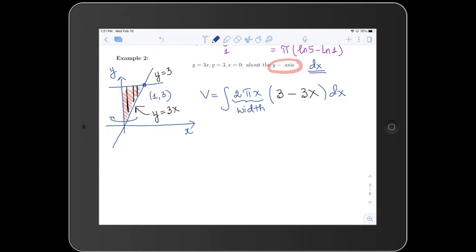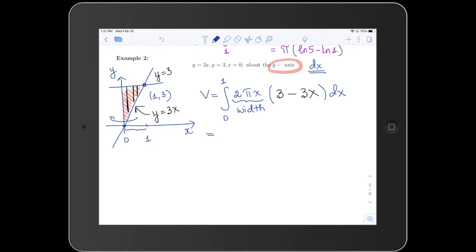What are the limits? Remember, this is in terms of x, so I'm looking at the range for x. We go from 0 to 1. These are my limits of integration. This is the hardest part, just setting things up correctly. Once you set it up, typically you see that the function is not difficult to integrate.